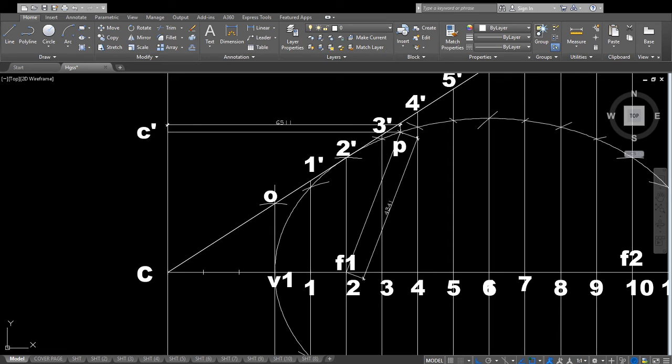Okay, 0.65, which is less than 1. That means our ellipse is right.